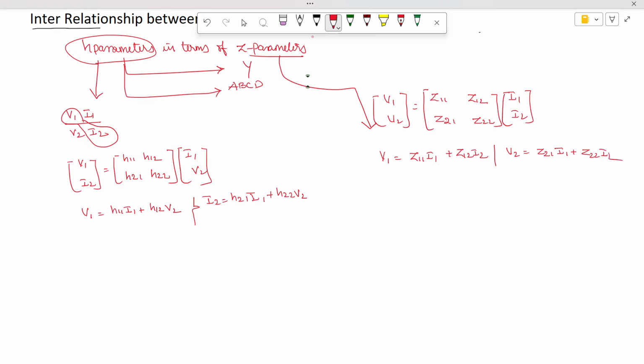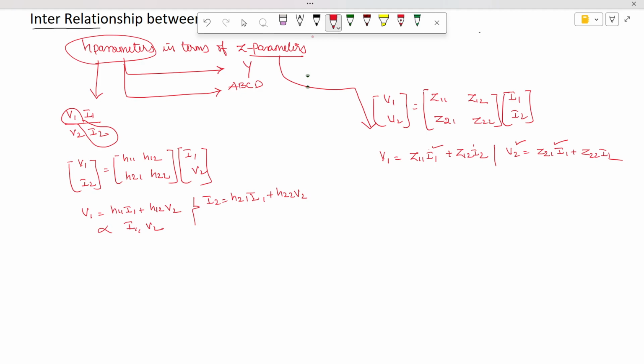So in this H parameter set, we have to express V1 in terms of I1 and V2. See where is I1 and V2. So I1 is there, V2 is there, in terms of V1. So identifying which equation we need to compare plays a major role.